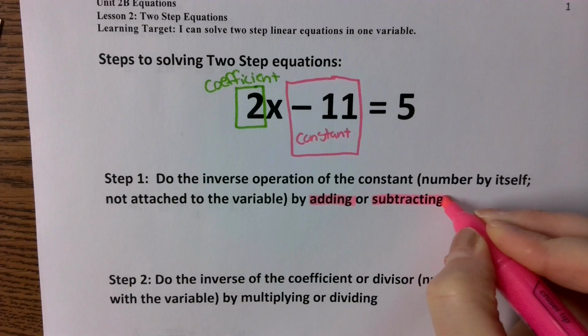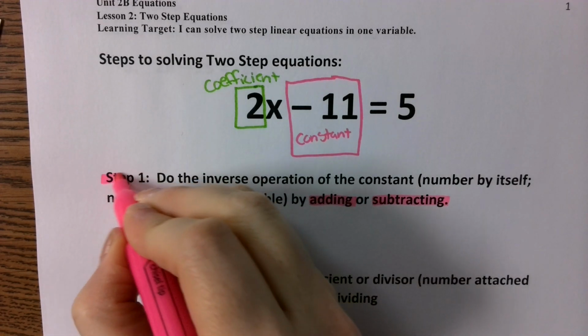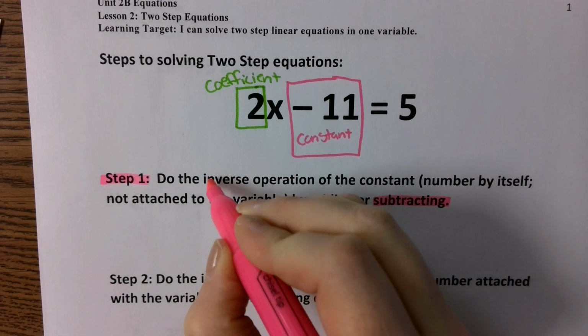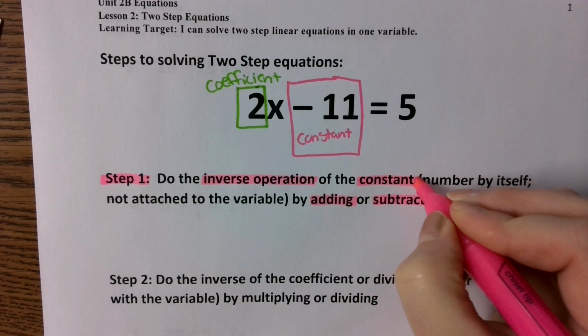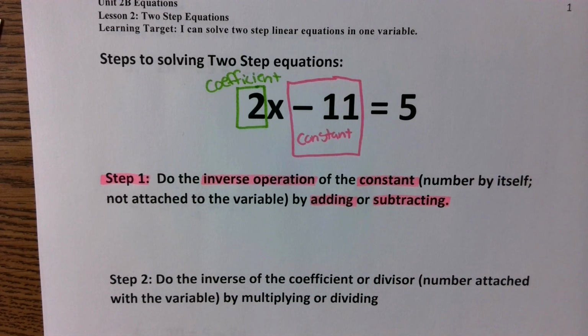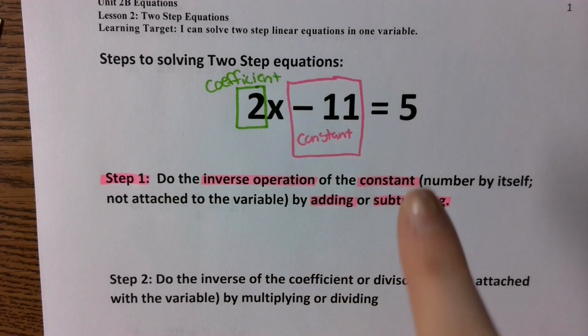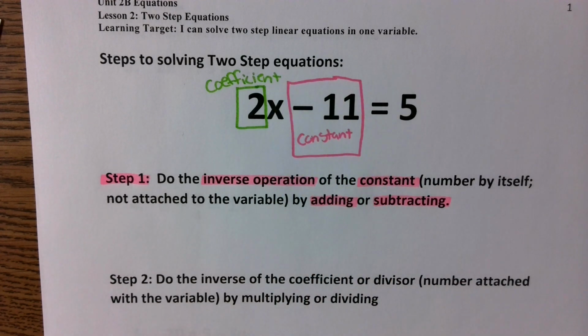So for step 1, you're always going to do your inverse operation of the constant by either adding or subtracting. So when we are in two-step equation format, we are always going to use either addition or subtraction first to be able to undo the process.